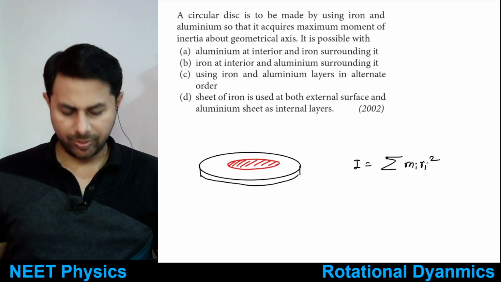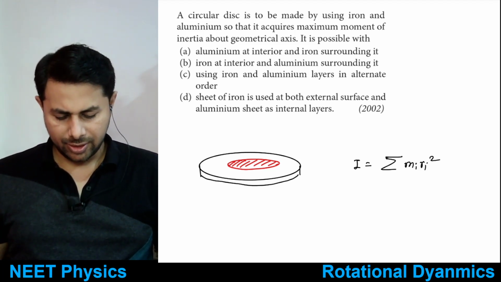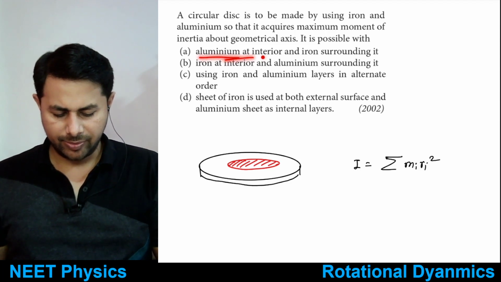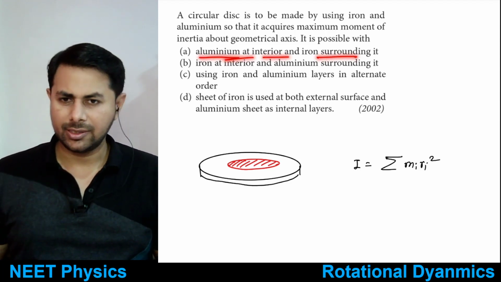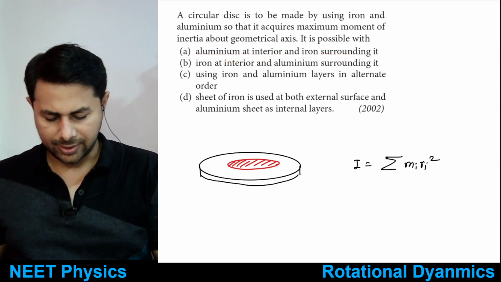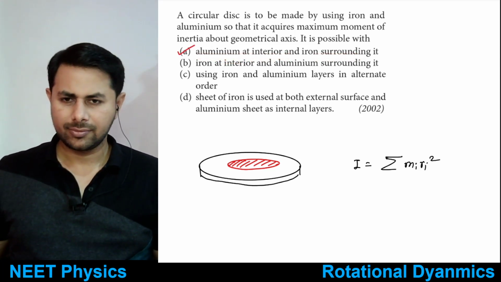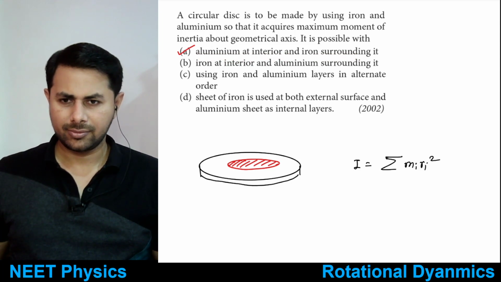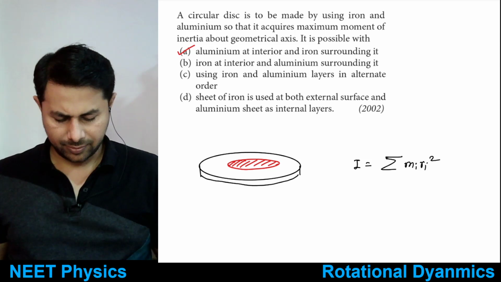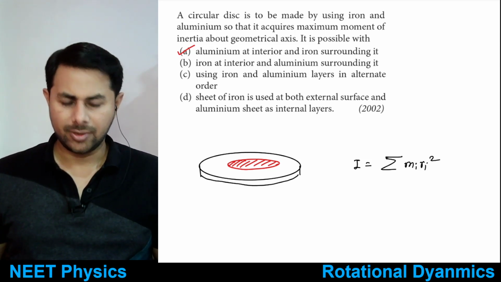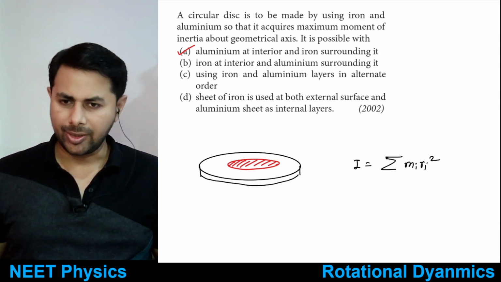Then the moment of inertia would be greater. So what's the answer? Aluminum should be at the interior and iron should be surrounding it. This is the answer. So that is very, very simple.